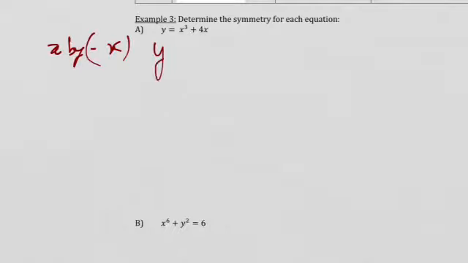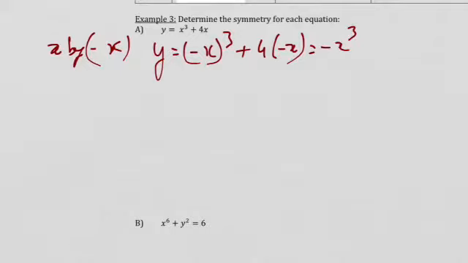I have y equal minus x cubed plus 4 times minus x. That gives me y equal minus x cubed minus 4x. Obviously, we don't have x as an axis of symmetry, so x is not the axis of symmetry.